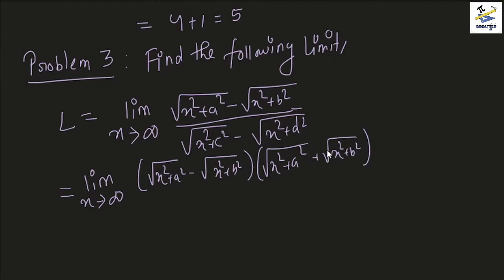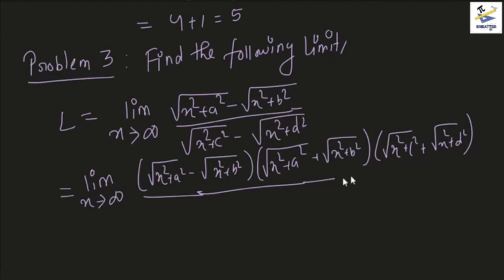So this was multiplied, and also we need to multiply by the conjugate of the other term, which is root over (x square plus c square) plus root over (x square plus d square). You will see why I did that, because we would need that here.